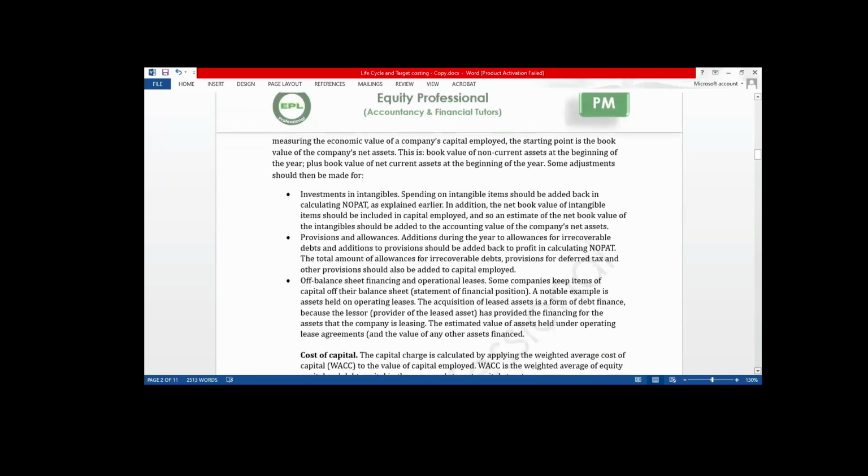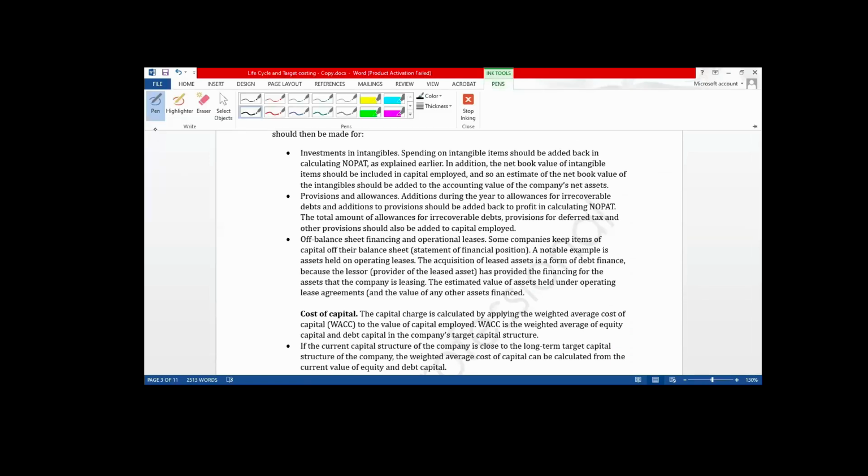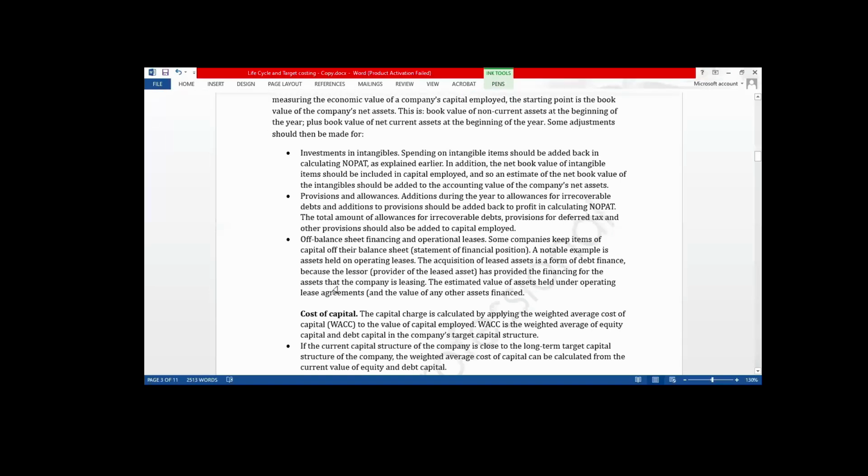If you have to calculate your adjusted capital employed, let me pick my pen or my electronic pen. Please look up. Let me create a space here.